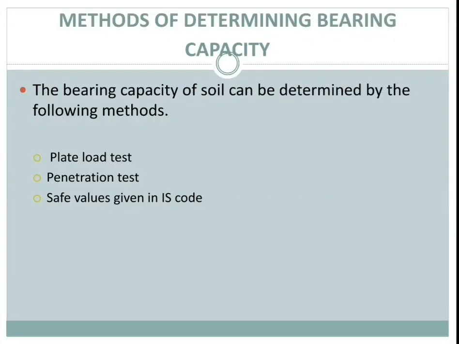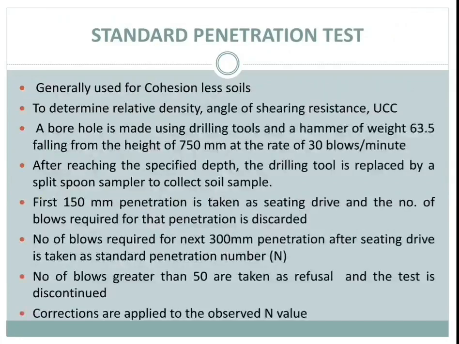Methods for determining bearing capacity. There are three methods for determining bearing capacity: plate load test, penetration test, and safe values given in IS code. In IS code, the values are already given, so you can collect the safe bearing capacity of the soil according to the type of soil. The first method is the standard penetration test.